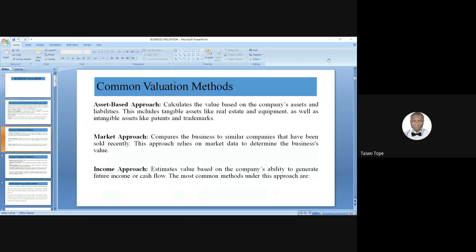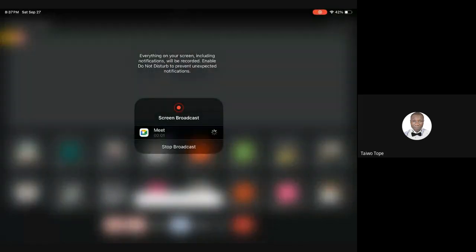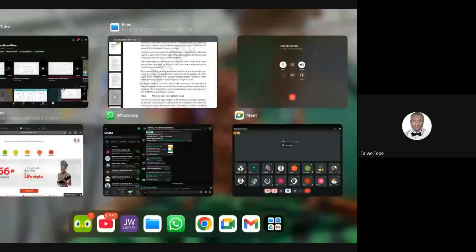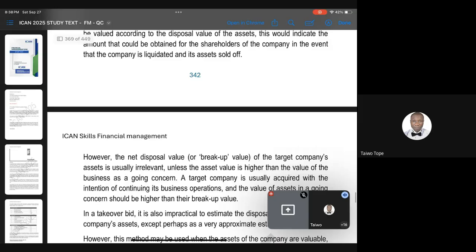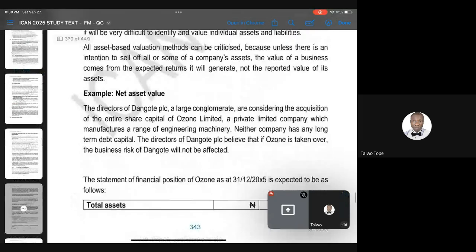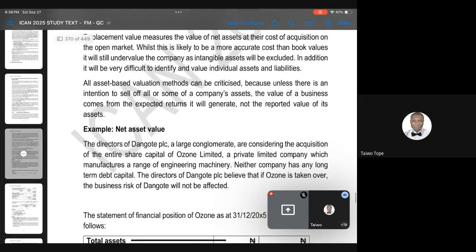Okay, fine. I'm just trying to, you can share your screen. Trying to get the study pack. Okay, yes, fine. I have it now. Yes, Very fine.